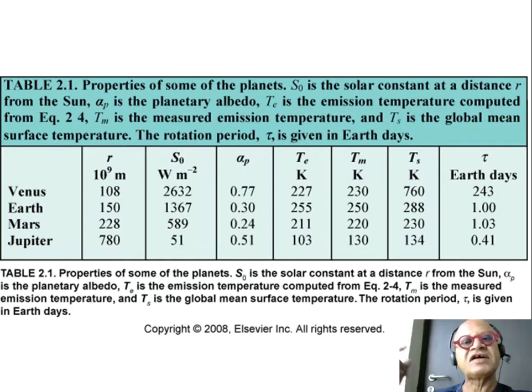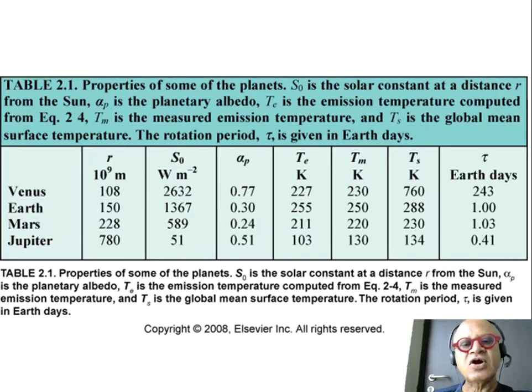And remember, the flux from the Sun drops off as 1 over r squared, where r is the distance from the Sun. So there is an inverse quadratic relation. Mars, for example, drops off to 589, and Jupiter drops off to 51.